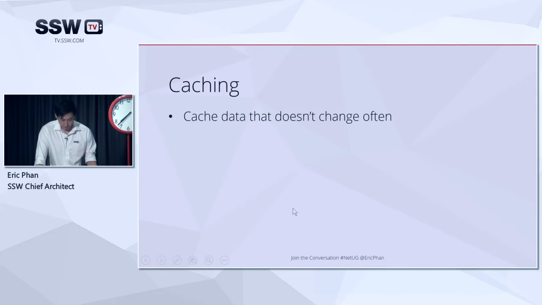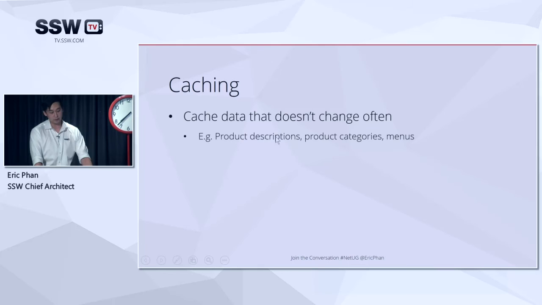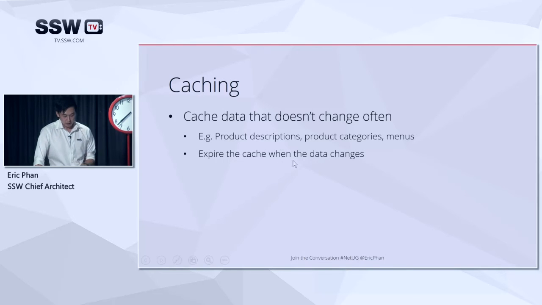Okay, caching is another big one. So cache data that doesn't change too often. In terms of our shopping site, product descriptions, categories, the menus, product names, that sort of stuff doesn't change. And if it does change, it's probably okay if the user doesn't see that change straight away.